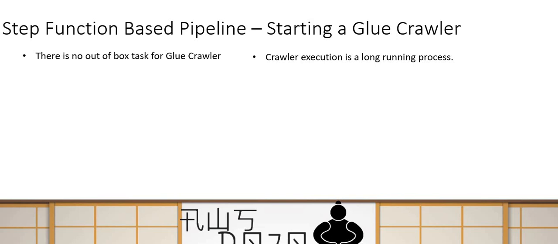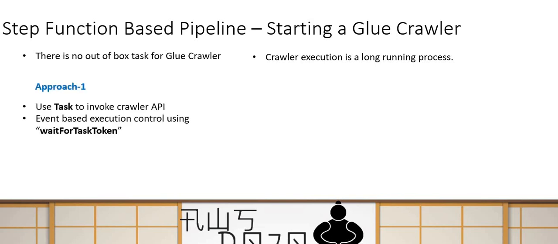There are two approaches available, and approach one is that the Step Functions task does provide a way to invoke the crawler API. In that case, you can control your execution using the method called wait for task token.